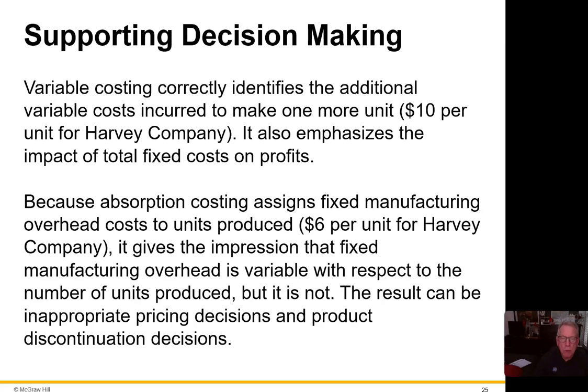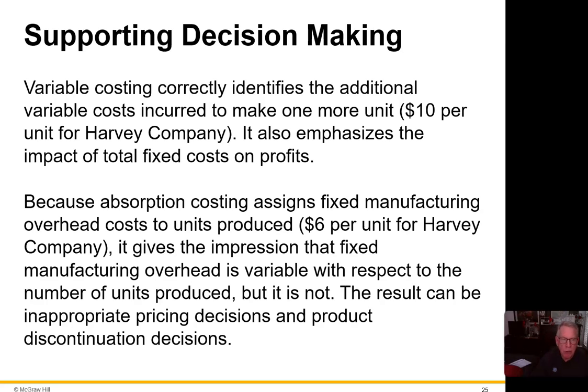Because absorption costing assigns fixed manufacturing overhead costs to units produced, that's the $6 per unit for Harvey Company, it gives the impression that fixed manufacturing overhead is variable with respect to the units produced. It is not. The result can be inappropriate pricing decisions and product discontinuing decisions. Very important concept.